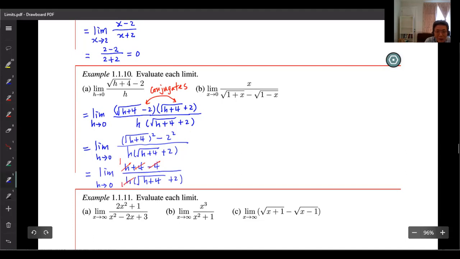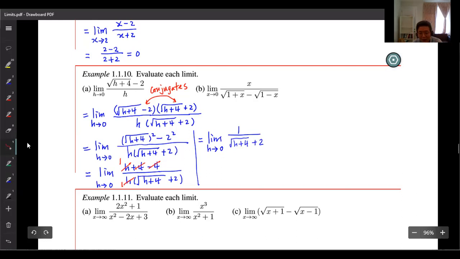So we got this, 1 over the square root expression.